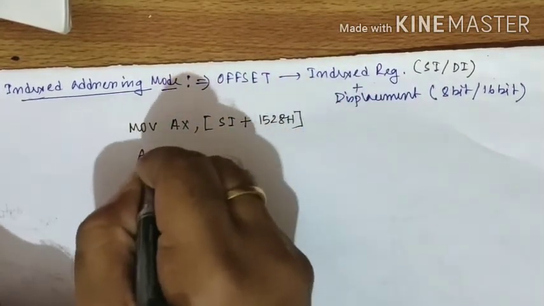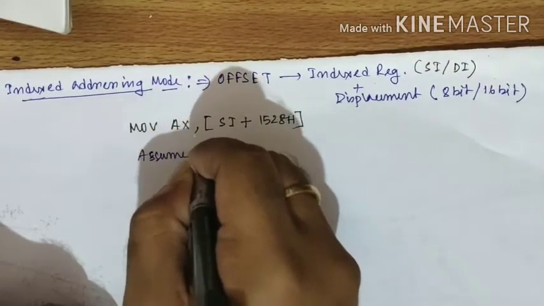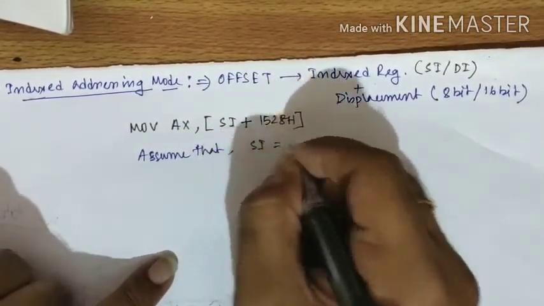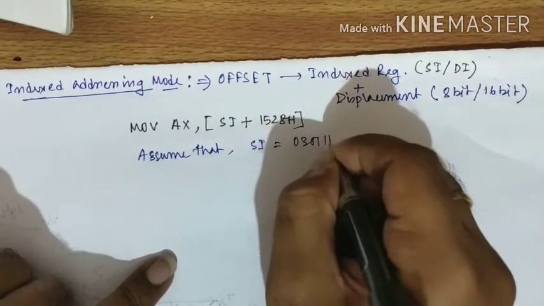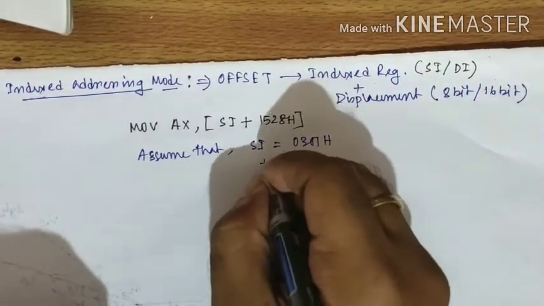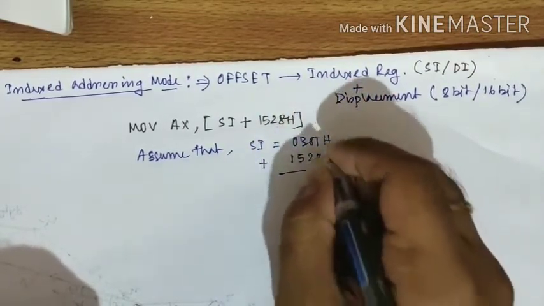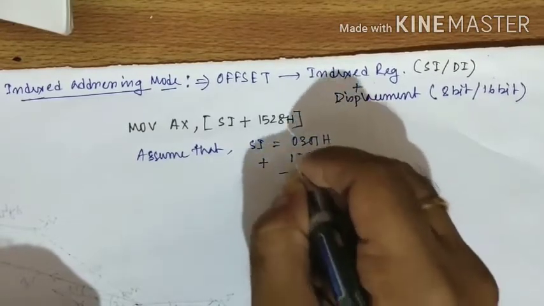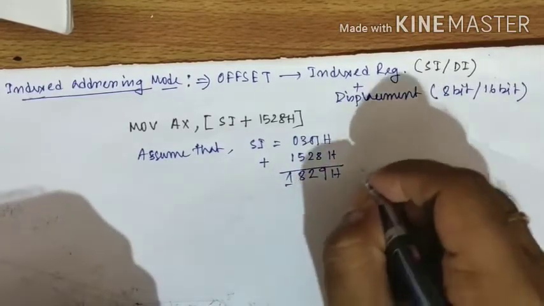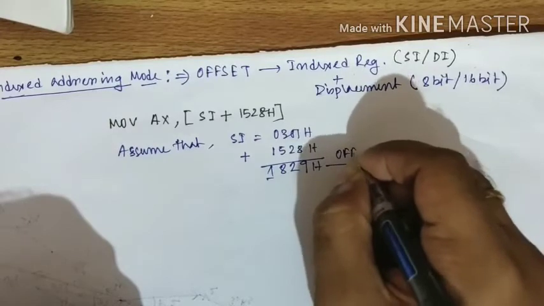Suppose the value of SI is 0301H. Then we need to add the 16-bit displacement with this one. So the result will be 1829H. This value will now be treated as an offset address.